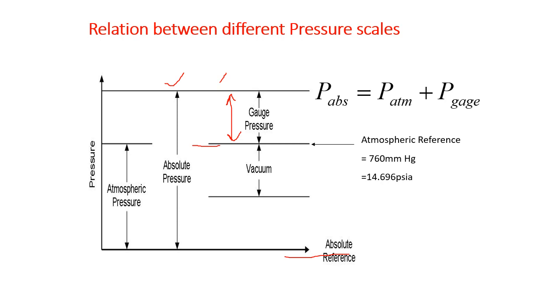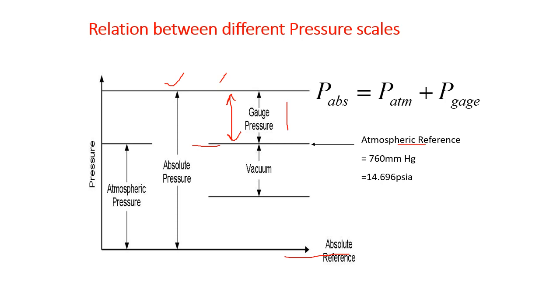So this is very important to know. Another aspect is the gauge pressure, as it is measured with respect to the atmospheric reference. The atmospheric reference changes with the height of that particular location from the sea level.